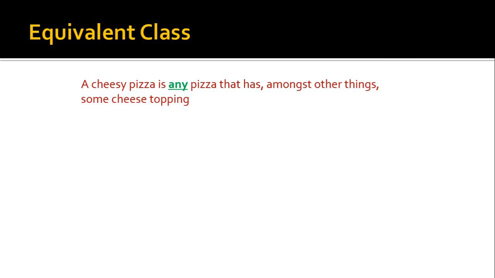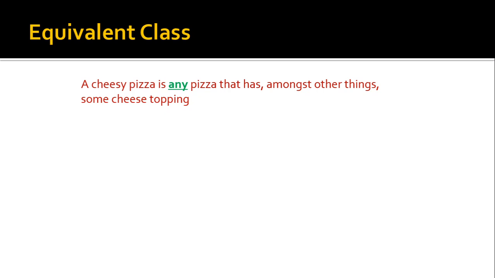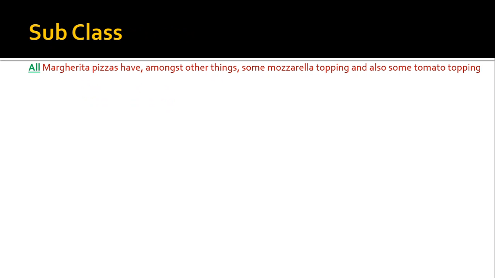So this is how we are representing the same thing in RDF XML. Now coming to the case where we can define something using the subclass of formalism, let us try to model: all margarita pizzas have, among other things, some mozzarella topping and also some tomato topping.